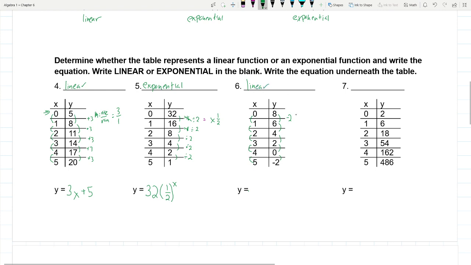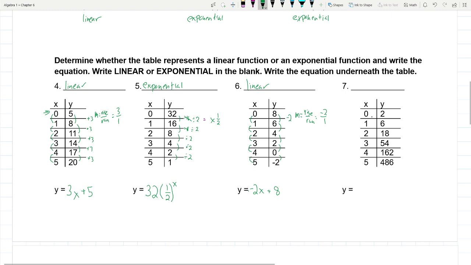And because this is linear, I need to find my slope, which is my rise over my run. My rise is negative 2 over 1, because my change each time was minus 2, and my run was changing by 1 on my x's. And so this is negative 2x plus, when my x is 0, my y was 8.